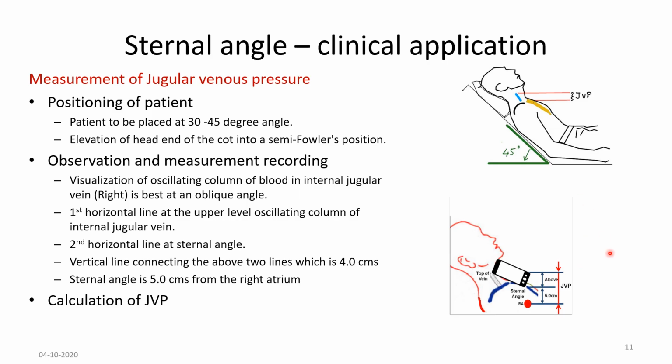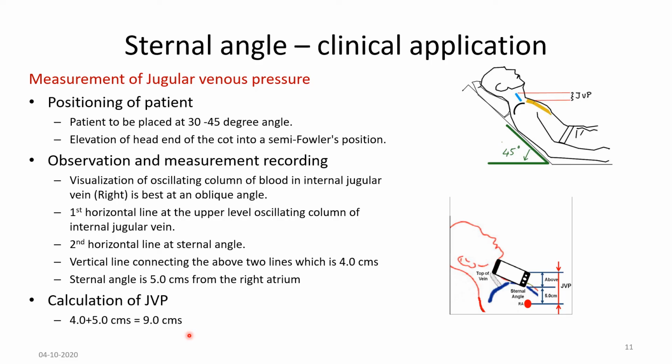For calculation of jugular venous pressure, the two values have to be combined. That is, the vertical column of 4 centimeters above the sternal angle and the distance of 5 centimeters from the sternal angle to the right atrium, making a total of 9 centimeters, is the jugular venous pressure.